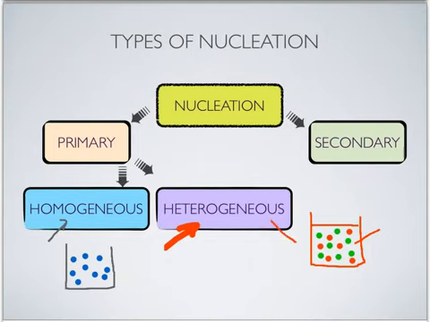Okay, so this is primary heterogeneous nucleation. On the other hand, secondary nucleation refers to the formation of crystal nuclei due to the presence of existing crystals. So there is already probably some crystal in the solution that can serve as a new nucleus.